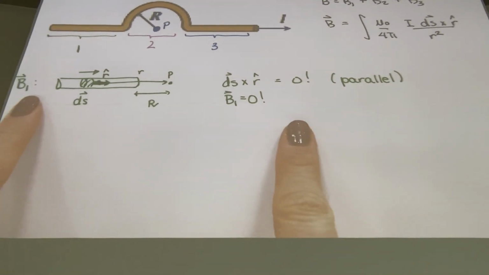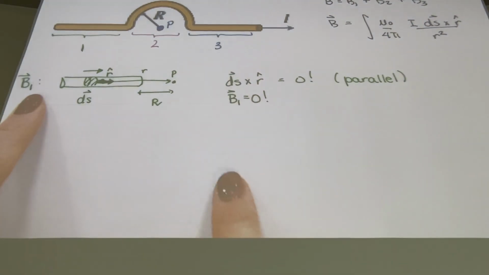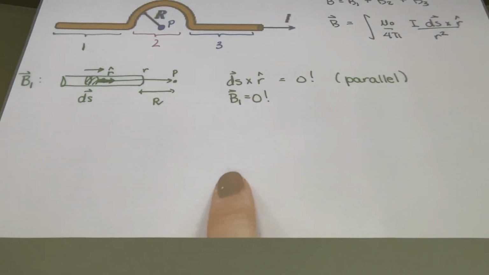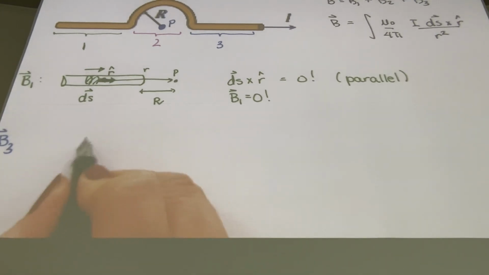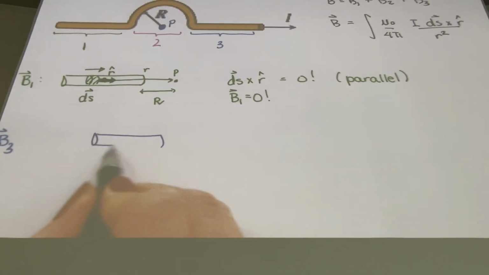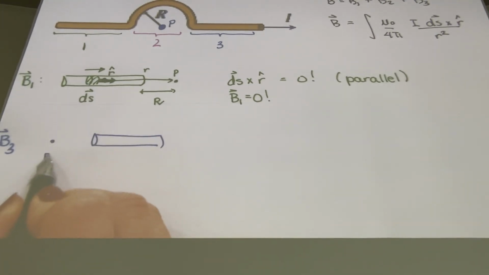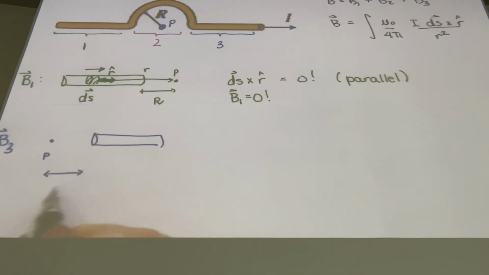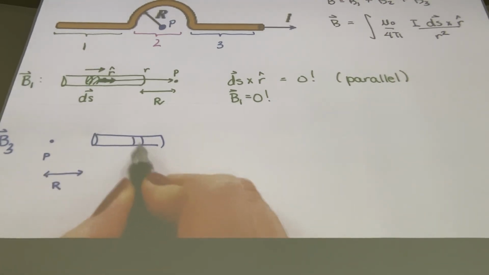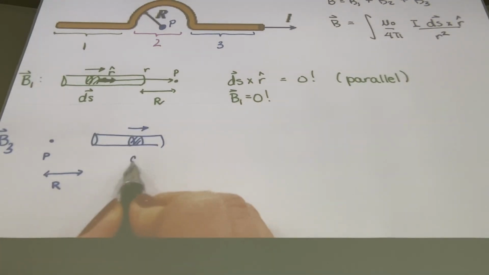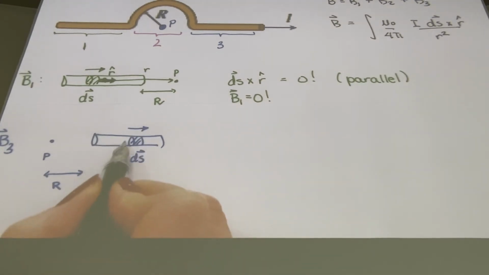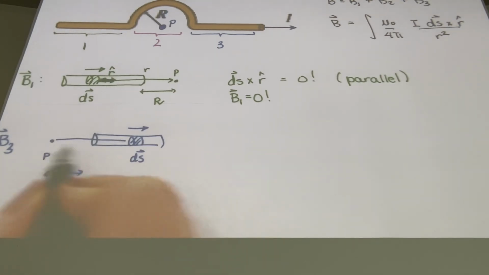Now that I've got B1 done, I'm going to go ahead and do B3, because I think I'm going to get the same answer. So I'll do B3 next while I'm thinking about that. So here's my wire. Here's my point P. This distance is r. Pick a little bit of my wire. There's ds. My r goes from my ds to my point.